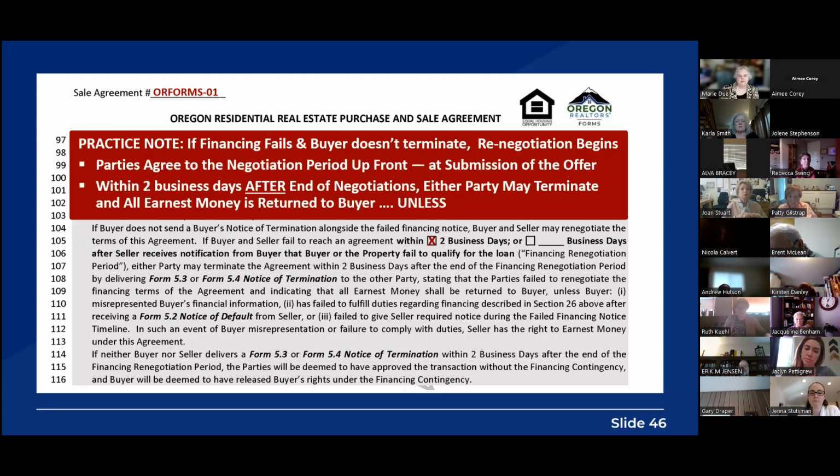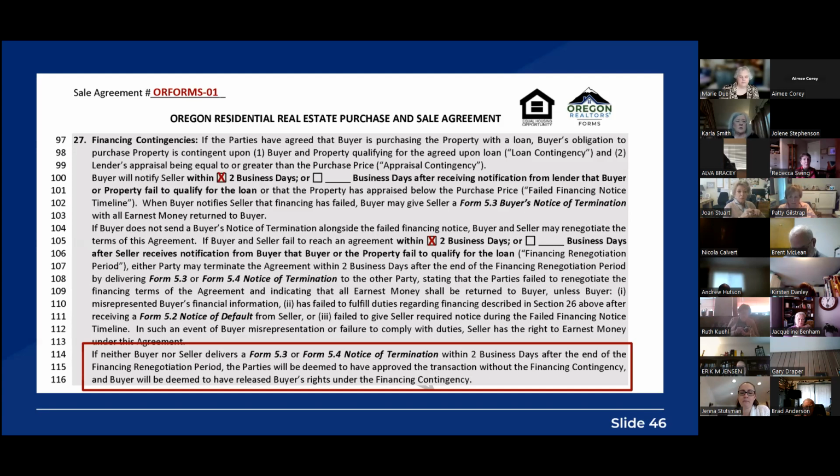If the financing fails and the buyer doesn't terminate, renegotiation begins. Parties agree to the negotiation period upfront at submission of the offer, and then within 2 days after the end of negotiations, either party may terminate and all money is returned to buyer unless the buyer and seller fail to reach an agreement on that.